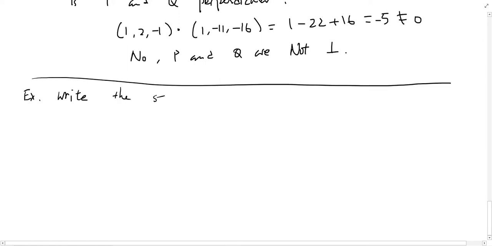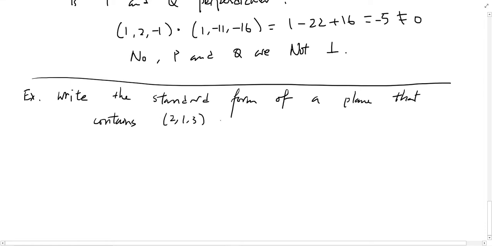Write the standard form of a plane that contains these 3 points: 2, 1, 3, negative 1, negative 2, 4, and 3, 3, 2.